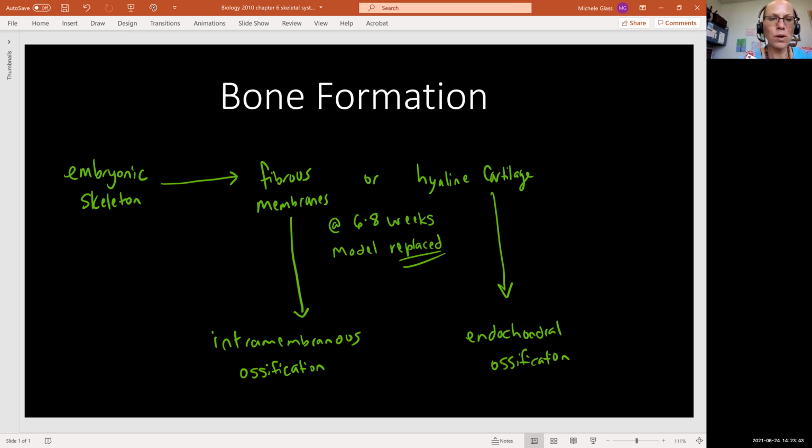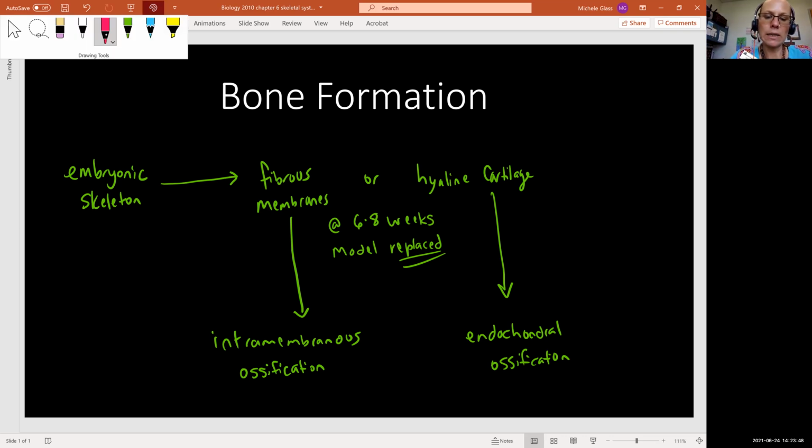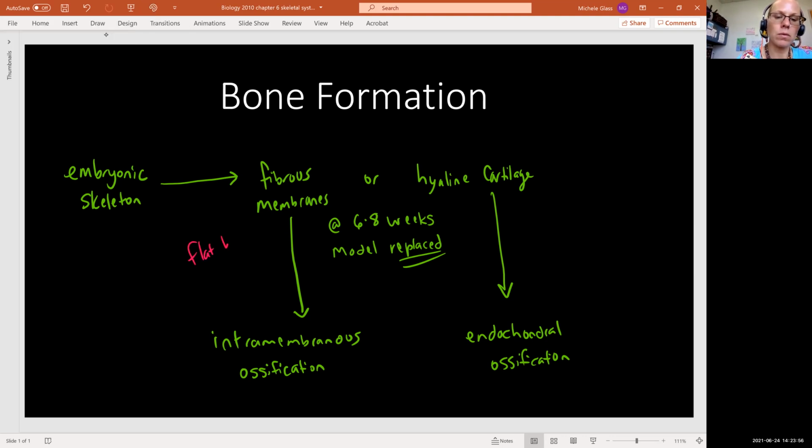Now, what bones are going to start out as fibrous membranes and be converted to bone through intramembranous ossification? That's going to be flat bones of the face, cranial bones, and clavicles.